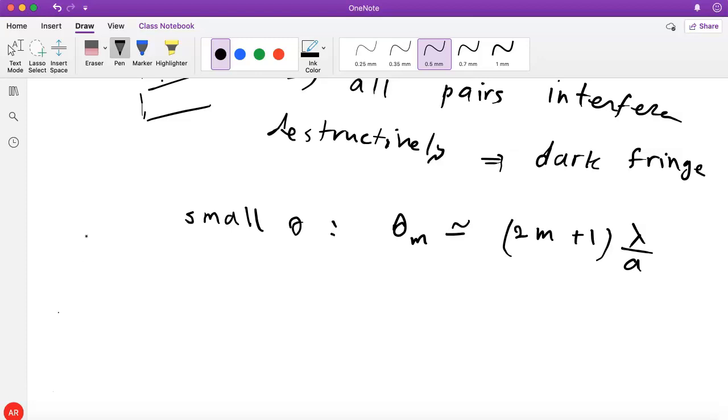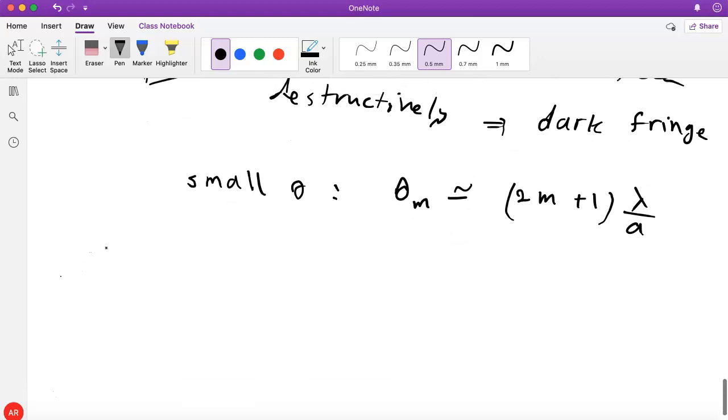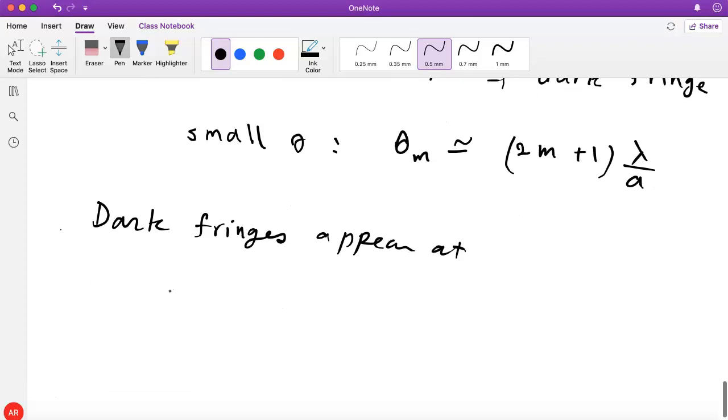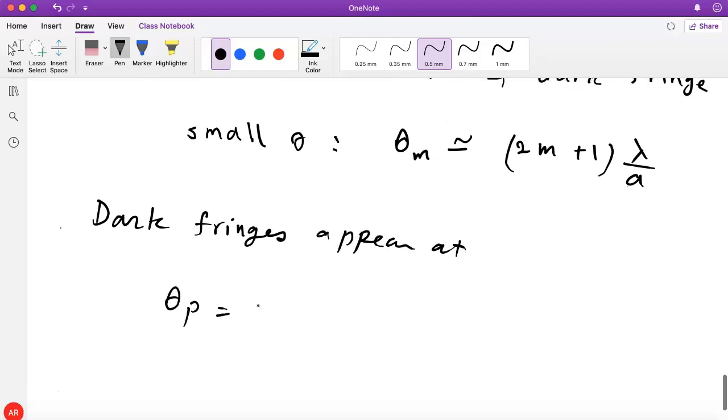So it turns out dark fringes appear at theta p equal to p times lambda over a, where p is 1, 2, 3, 4, etc. So it can also be an even number.